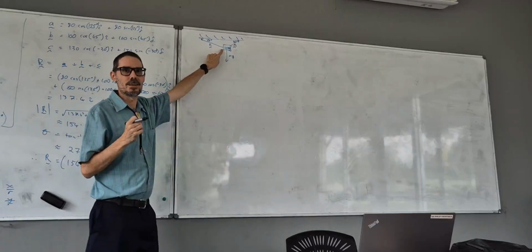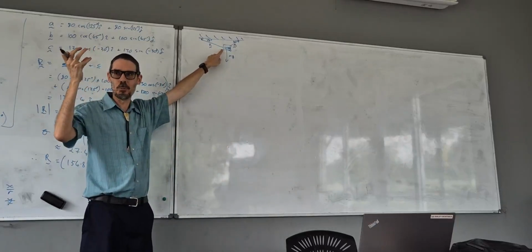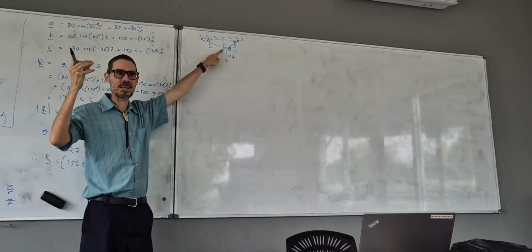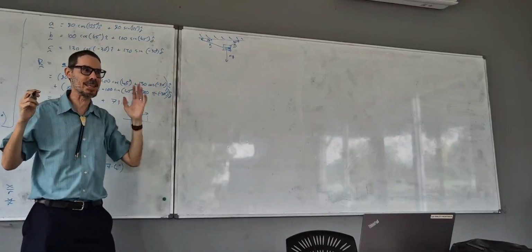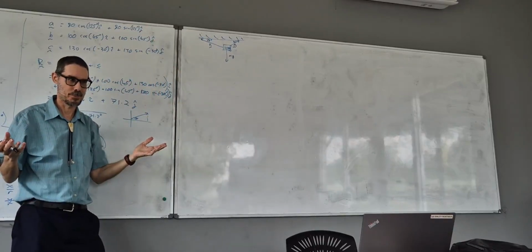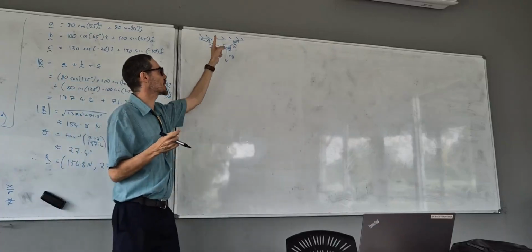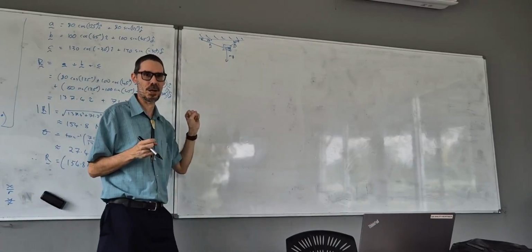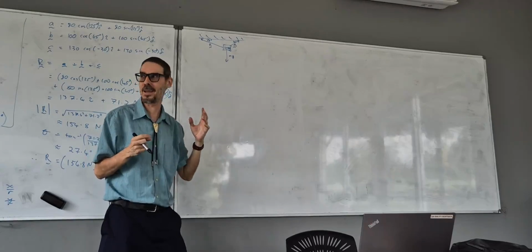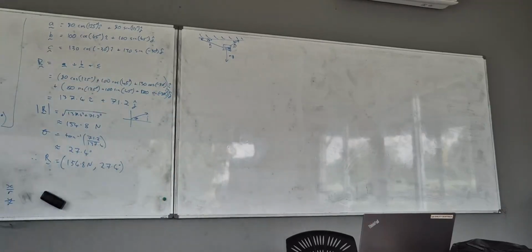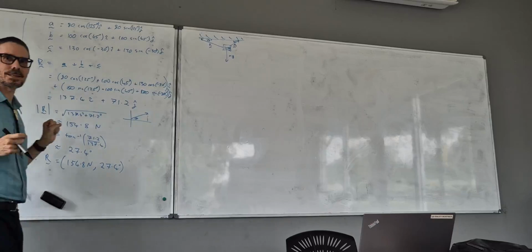This object is hanging. It's not moving. We say, in the words of the syllabus, it's in equilibrium. If it's in equilibrium, there's no net force. These 3 forces exactly balance each other. Another way to say that is they add up to 0.